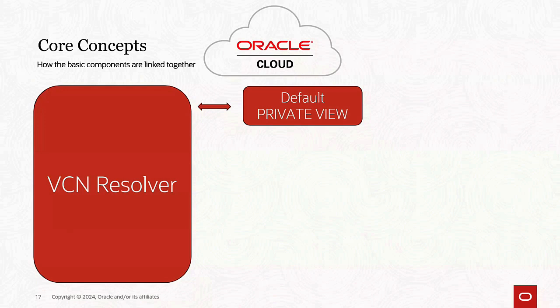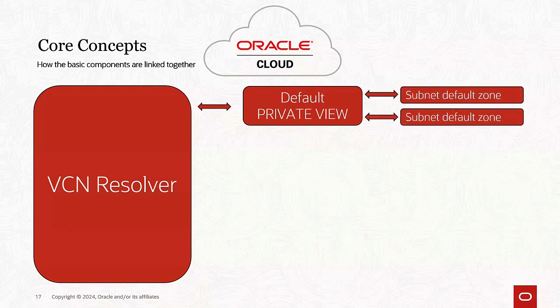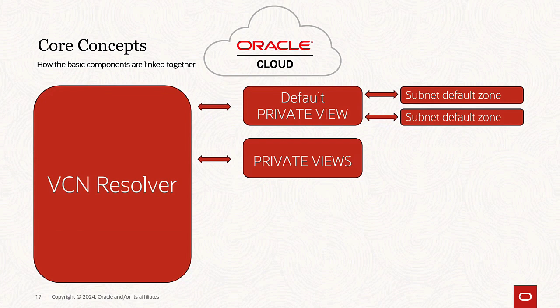Once we start populating the VCN with subnets, the subnet default zone is added to the OCI Private DNS by creating it and adding it to the default private view. This task will be done for each subnet created in the VCN. Manually, we can create other private views containing one or multiple custom private zones.